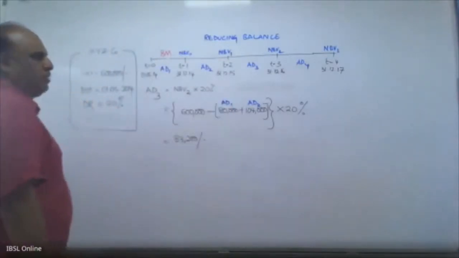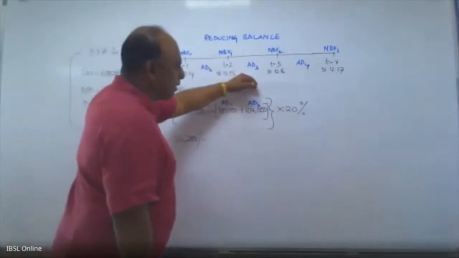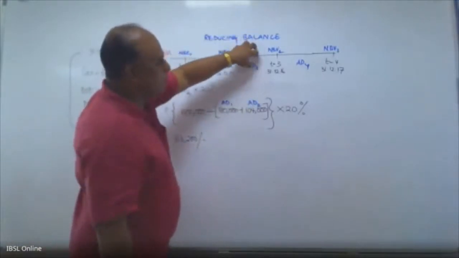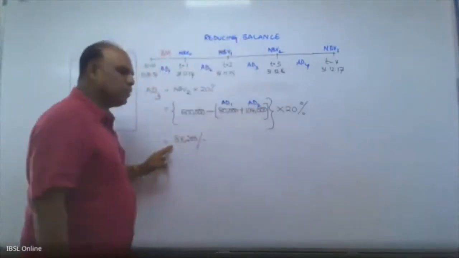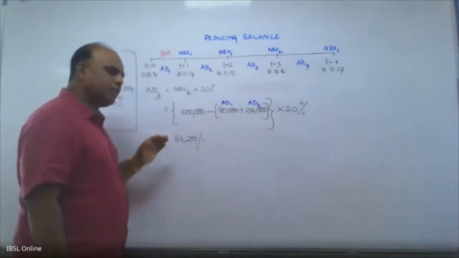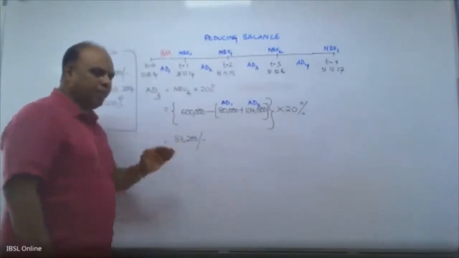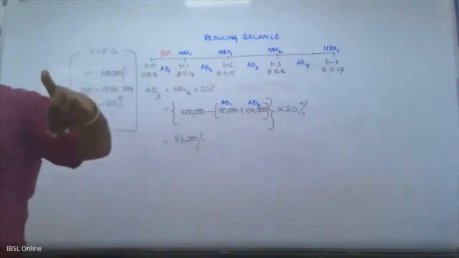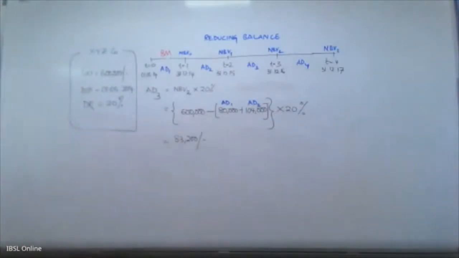When you go to the third year, what is happening? Again, you have used it for 12 months, but your depreciation is only 83,200. So what is happening with your depreciation? Year by year, the depreciation is also coming down. Okay? So now I want you to calculate AD4. Can you give a try quickly?